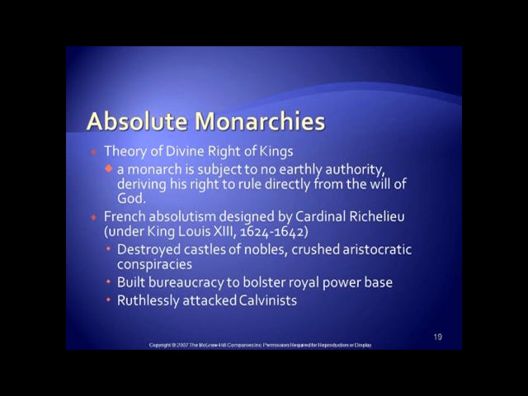Absolute monarchy is sort of a continuation of a trend that we've already mentioned earlier that happened in Europe in this time period, which were those new monarchs who started taking more power away from the nobles through taxes. But absolute monarchy adds more power to the kings.